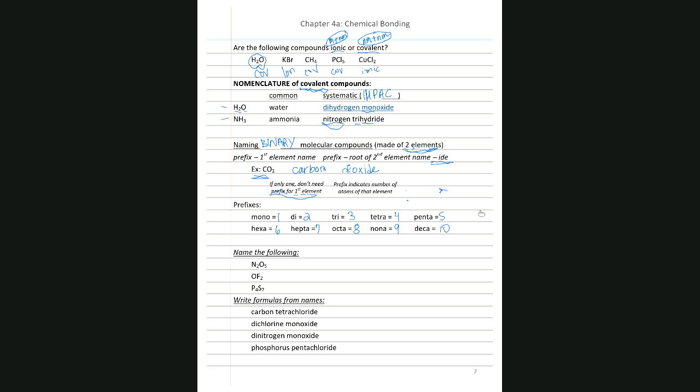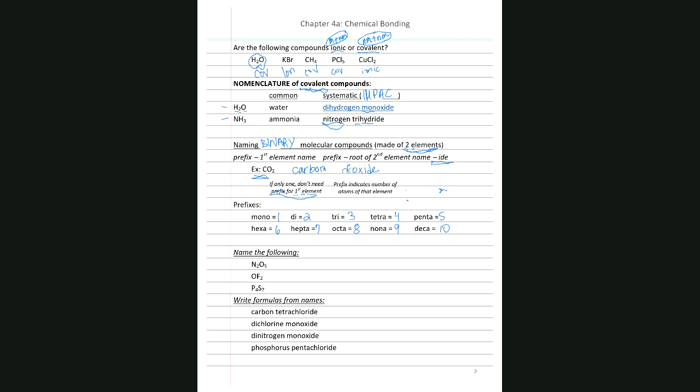Let's do some practice naming some of these examples. This first one here, N2O5. What prefix will we use for nitrogen? Di.